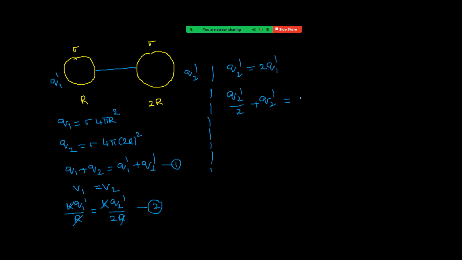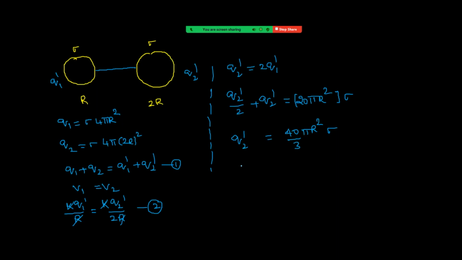This is now 20 pi r square into sigma, right? Now from this we get the value of Q2 dash. So 1 plus 1 by 2 is 3 by 2. So 2 into 20, 40. Q2 dash is 40 pi r square sigma by 3, right?